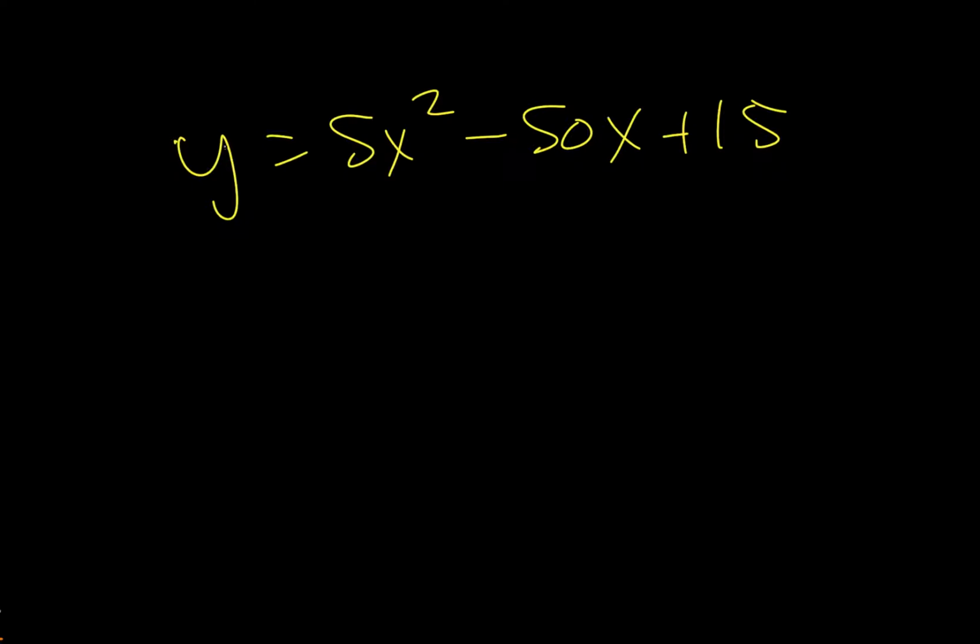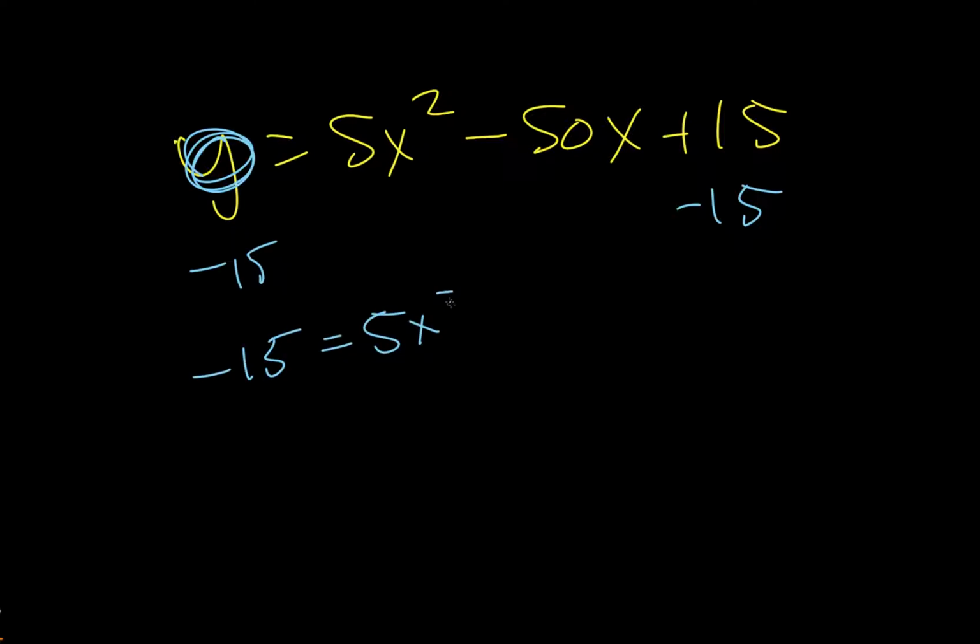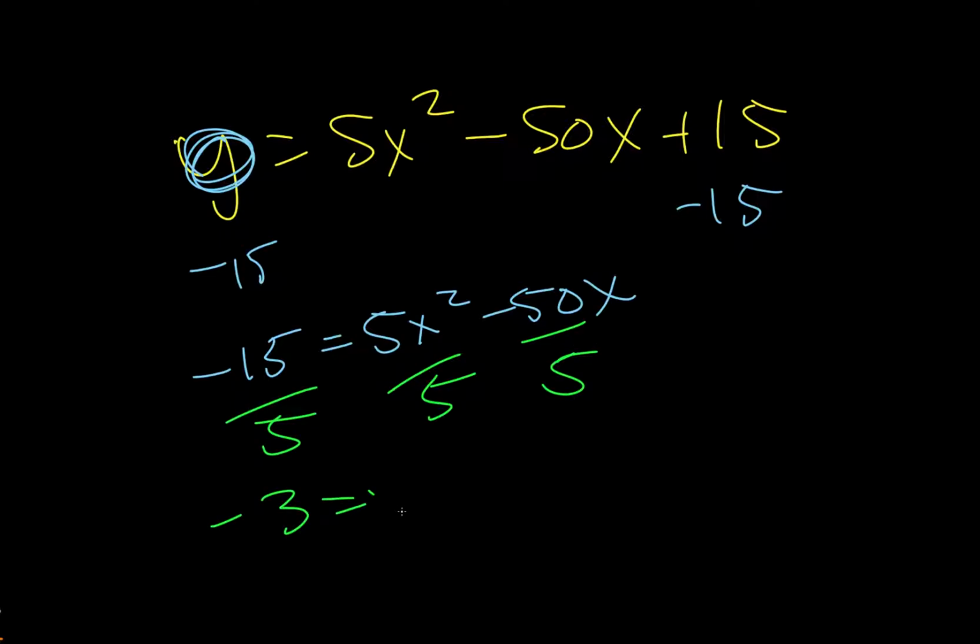Okay, so it is quadratic, so we can set this equal to 0. We subtract 15. So -15 equals 5x squared minus 50x. Because our a term is not 1, we need to divide everything by the a term, which is 5. -3 equals x squared minus 10x.